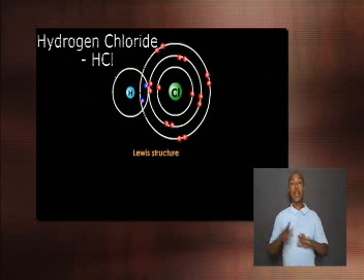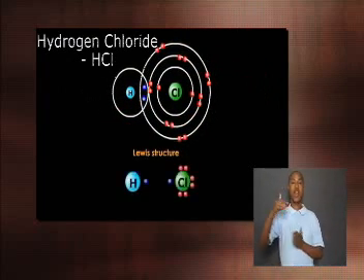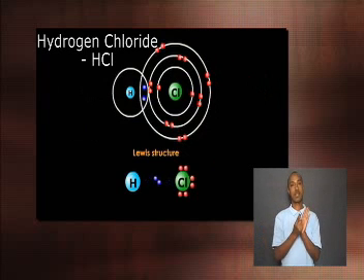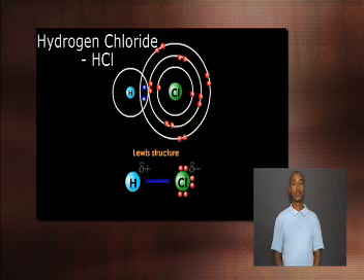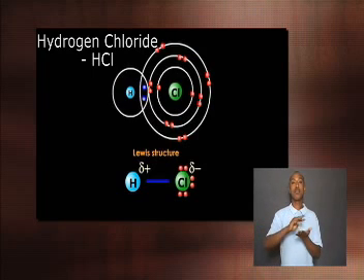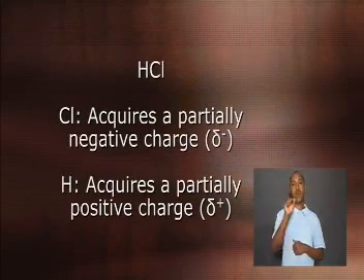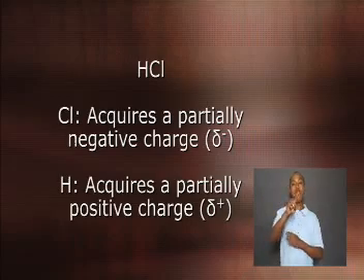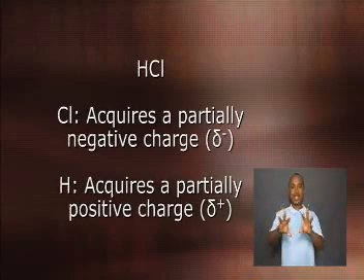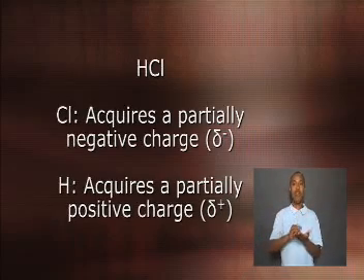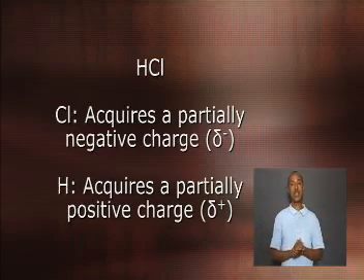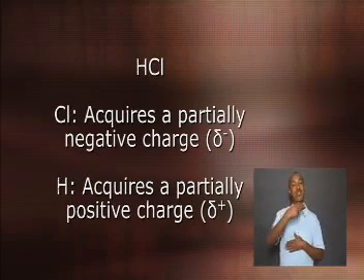Let us look at hydrogen chloride again as an example. The chlorine atom in this molecule has a higher electronegativity than the hydrogen atom. Therefore, the shared pair of electrons is more attracted to the nucleus of the chlorine atom than it is to that of hydrogen.